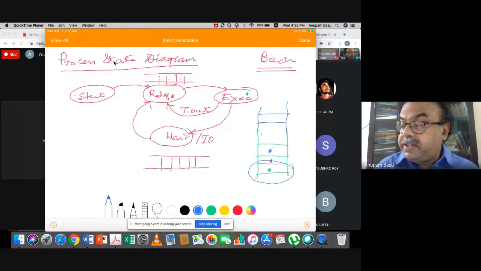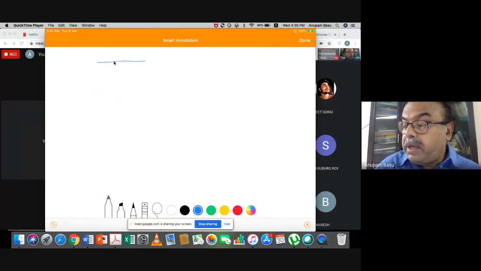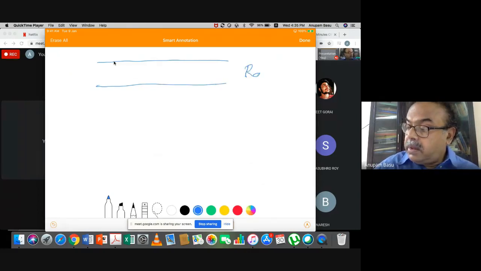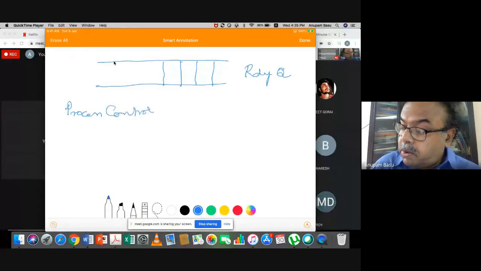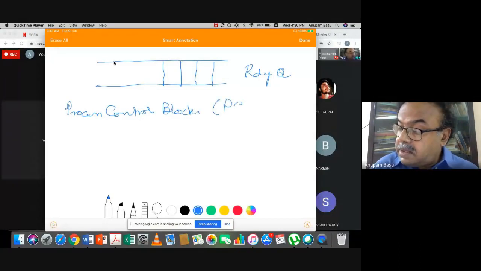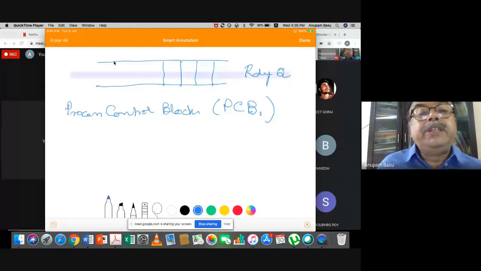I am actually creating these entries. Now, what are these entries? Let me erase this. So now I represent one queue, any queue. Let's call it the ready queue. The entries of the ready queue are nothing but the process control blocks, or PCBs, corresponding to each process.